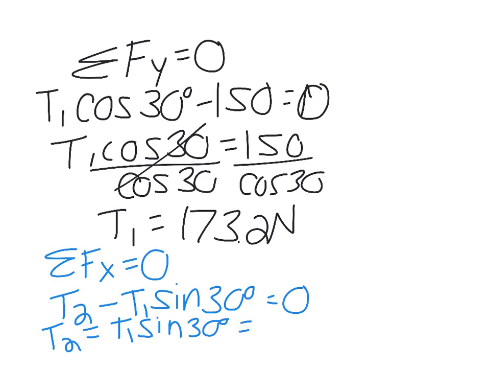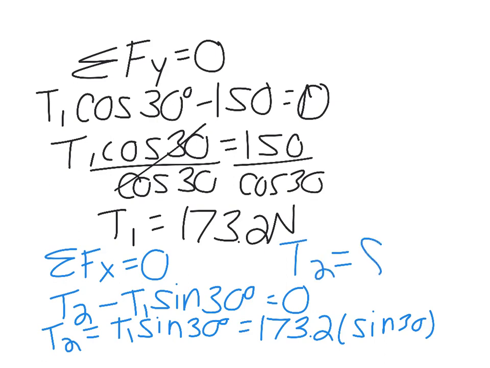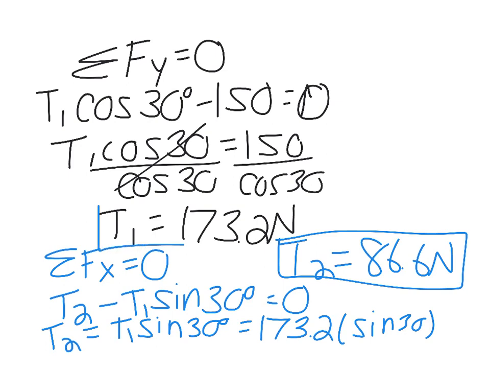I just rearrange my equation there, and then plug in the T1 that I found above. This is going to give me T2 equal to 86.6 newtons. So really my setup is important in these problems. After that, it's really just using math and my algebra skills to get there.